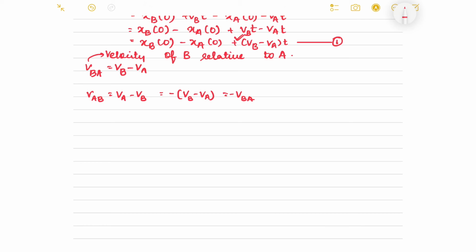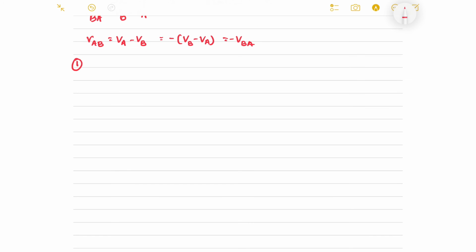Now let us discuss certain special cases related to it. The first is if Va is equal to Vb, this implies that Vb minus Va is equal to 0. So equation 1 can be written as xba at t is equal to xb at 0 minus xa at 0.